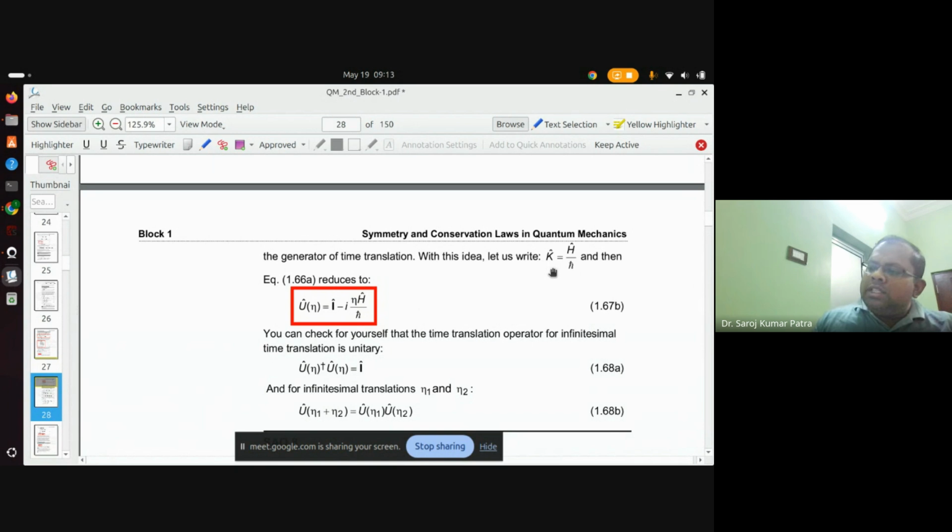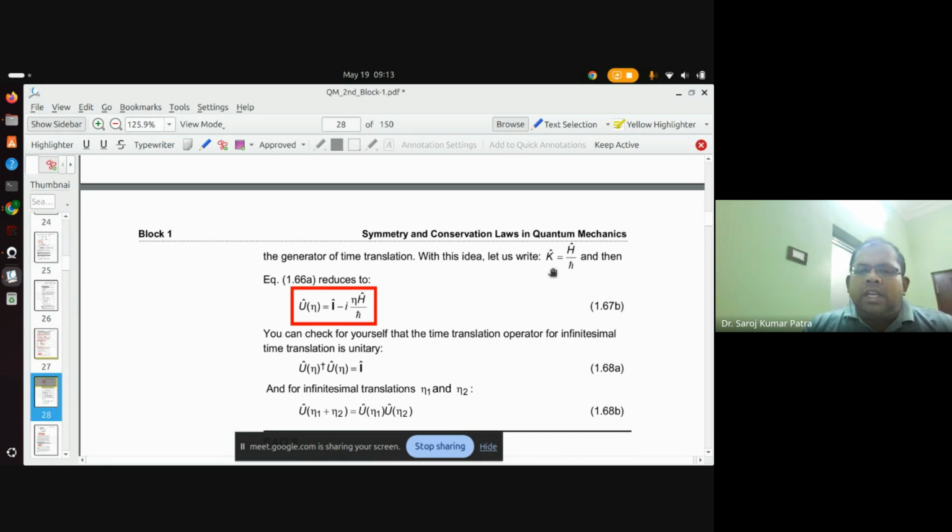In all these three cases, a question might arise: how exactly do I know that in the first case it is momentum, in the second case it is angular momentum, and in the third case it is the Hamiltonian? We only know what the property of the operator should be, and then make a quick guess.